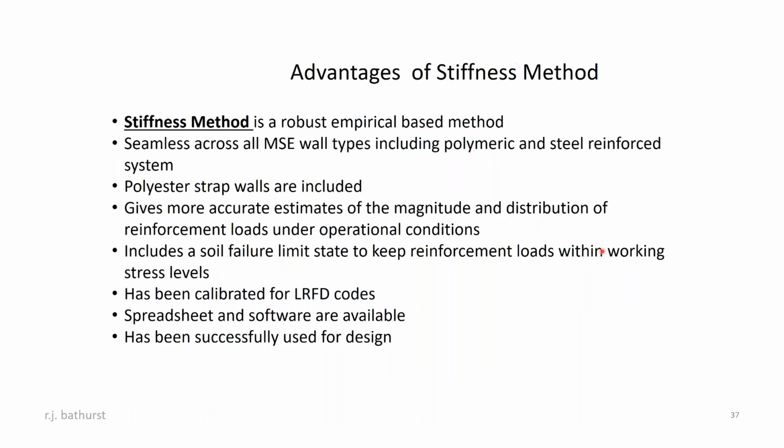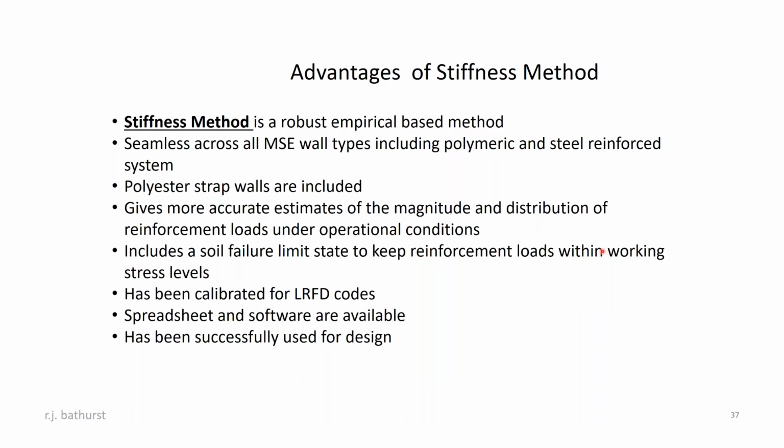The advantages of the stiffness method: it's a robust empirical-based method based on observation. It has the advantage of being seamless across all MSE wall types, including polymeric and steel reinforced systems. In the past, there were two solitudes. There were the steel walls and there was the flexible polymeric walls.